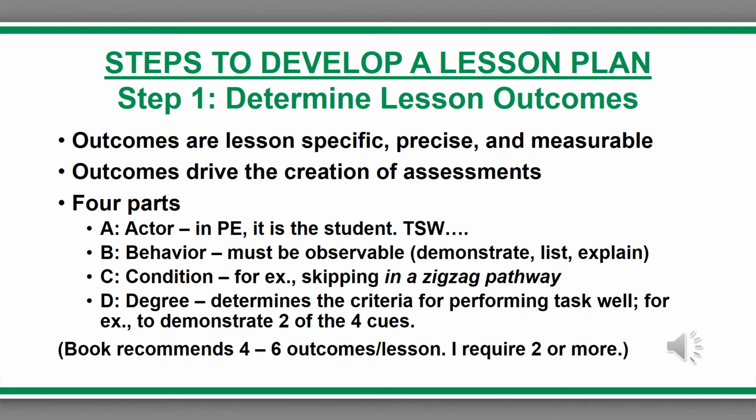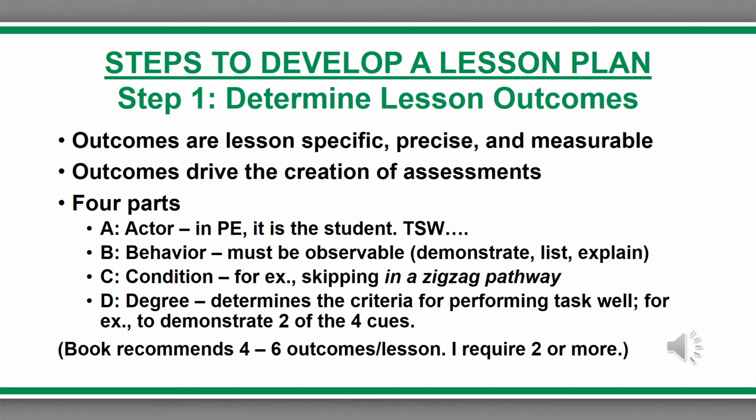Now, the book recommends 4 to 6 outcomes per lesson. I require a minimum of 2. You can have more. Some people require an objective for the introductory activity, the first part of your lesson that you'll be teaching, the second part of the lesson, the fitness, the third part of the lesson focus, and then the fourth part of the lesson, the games or activities.